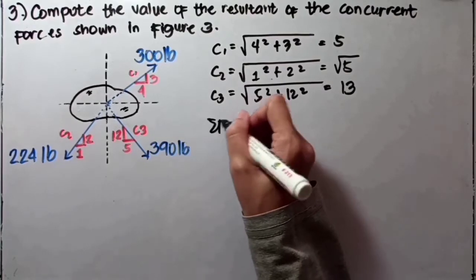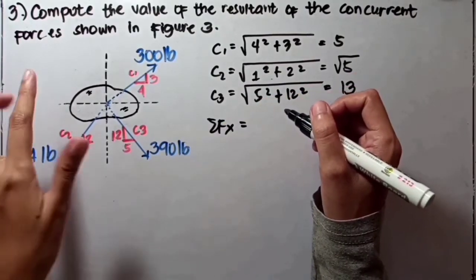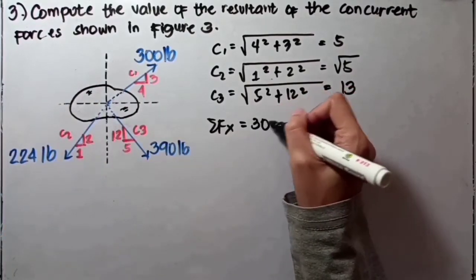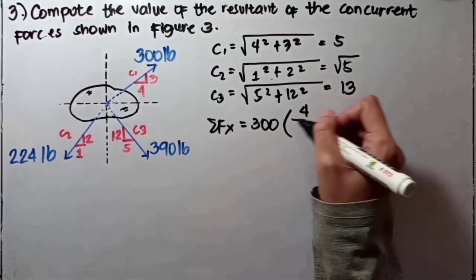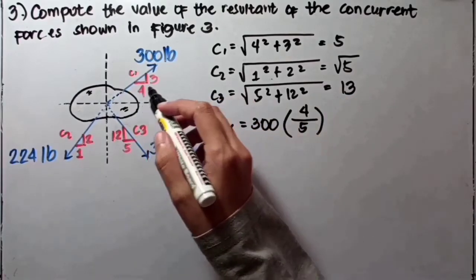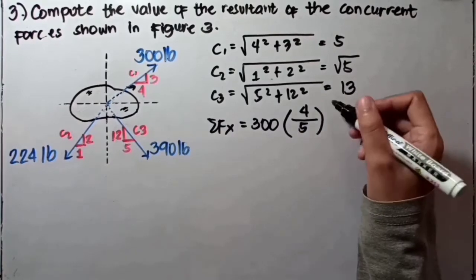So, for the summation forces x, let's start din. Same pa rin ang arrangement, 300, 224, and then 390. So, for 300 pounds, times the x slope, which is 4, all over the hypotenuse, which is 5. Positive siya kasi nasa right, going to the right ang kanyang component, ang x component.